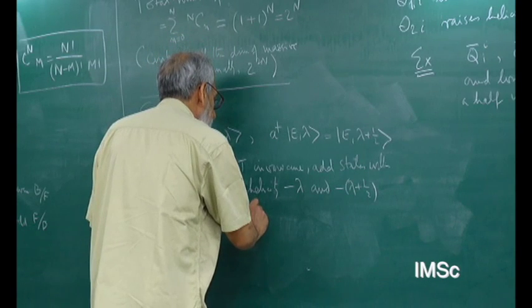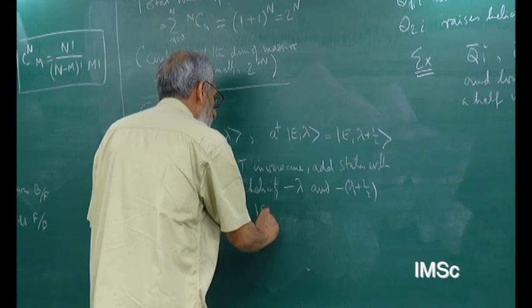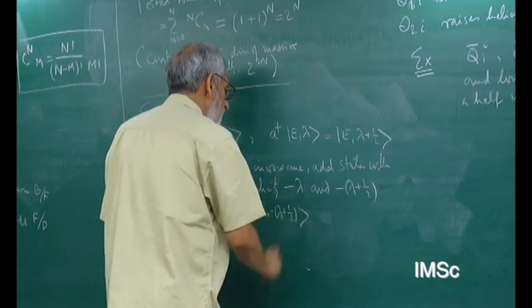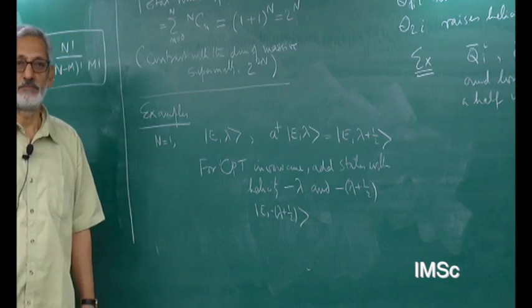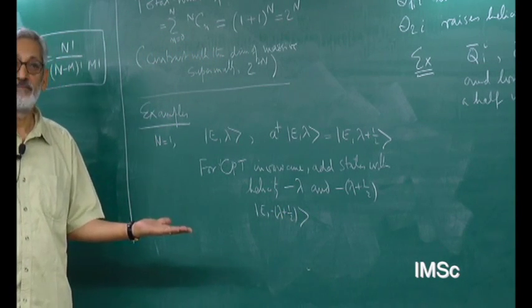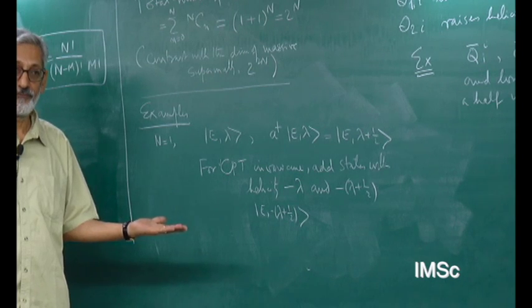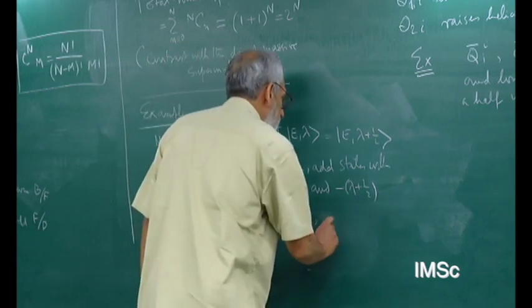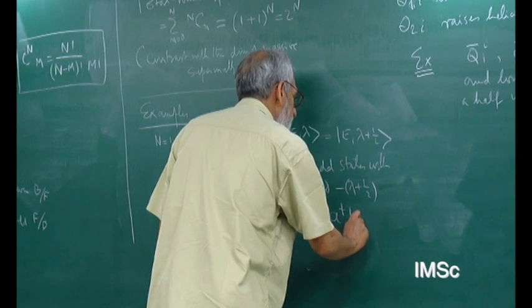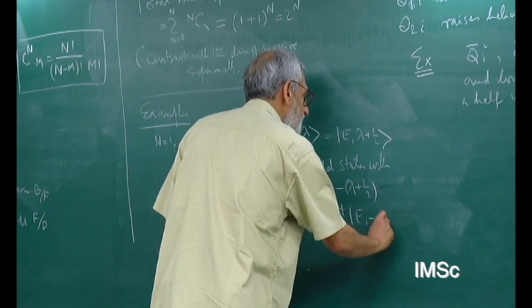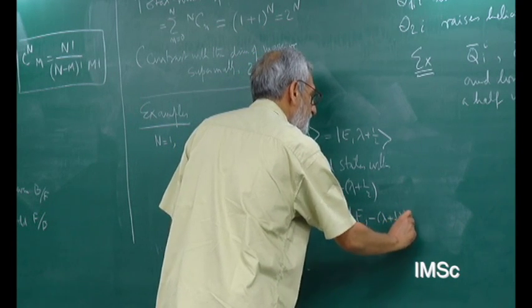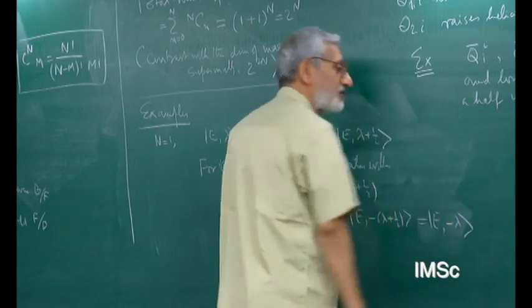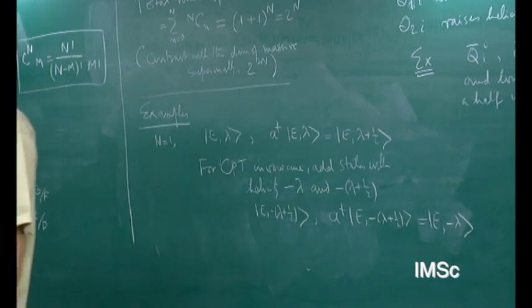I'll construct that by taking the ground state to be this one, and apply A dagger on that. That's another representation.